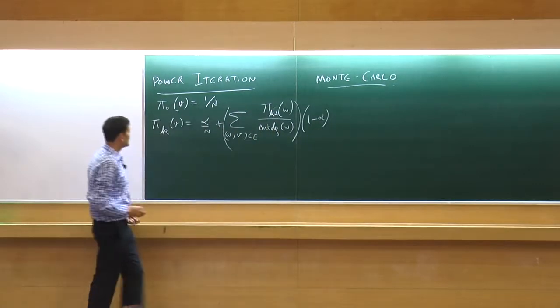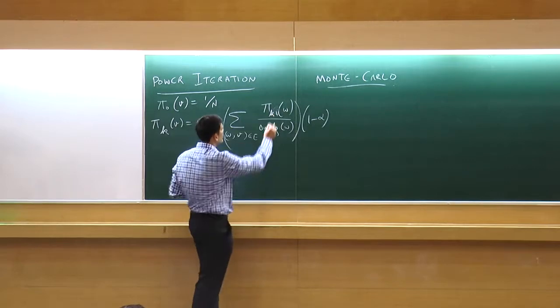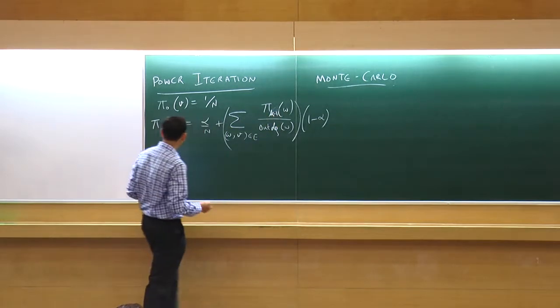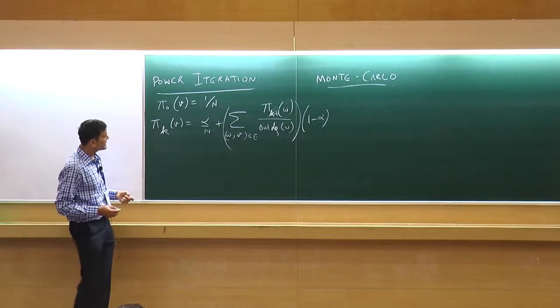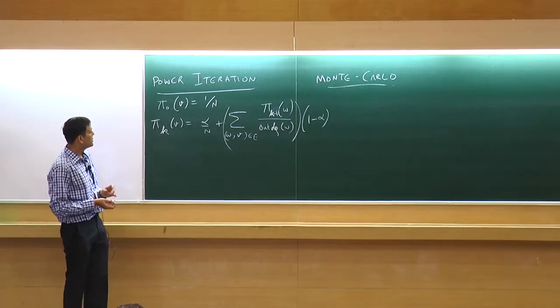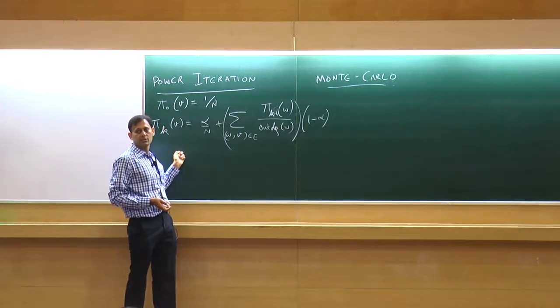Okay. So it's basic power iteration. You use the k minus 1th iterate to compute the kth iterate. So you're using the values from the k minus 1th iteration to compute the kth iteration.